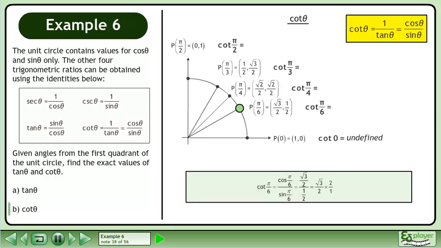Divide the fractions. Multiply the numerator by the reciprocal of the denominator. Multiply to get the square root of 3. The exact value of cotan pi over 6 is the square root of 3.